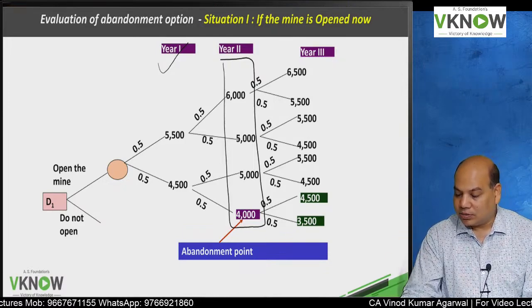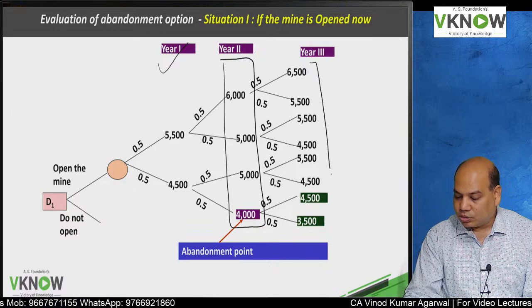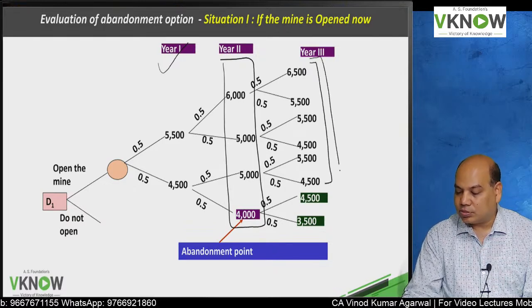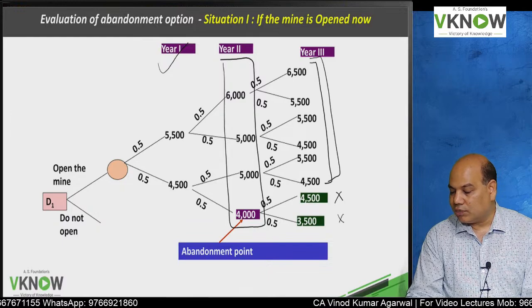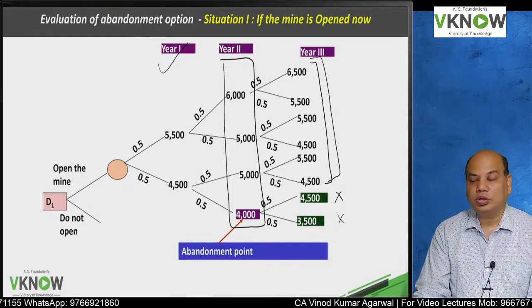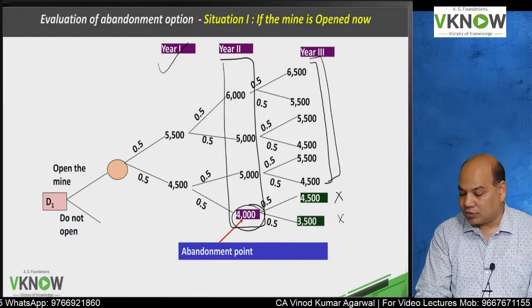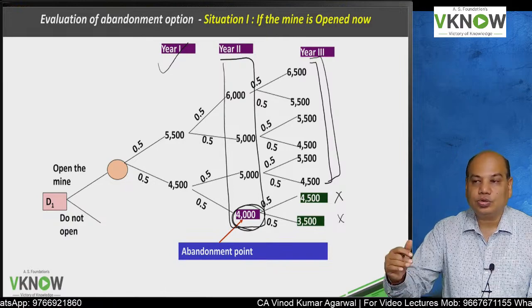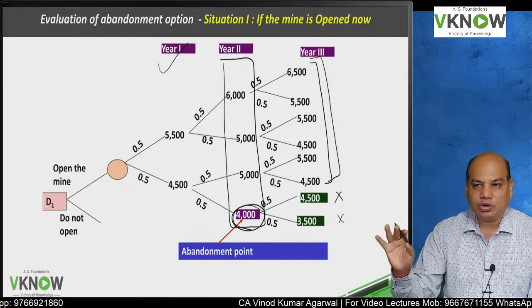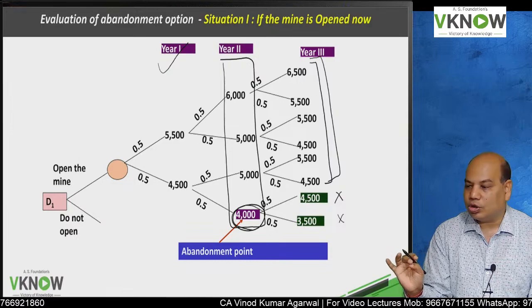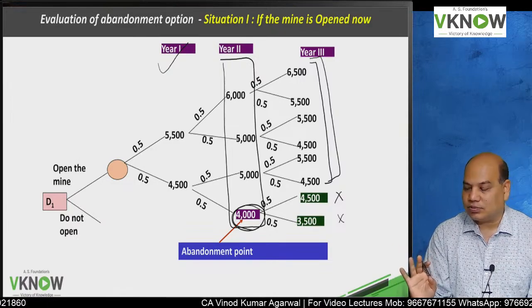But in year 3 I will get only these first 6 cash flows. These two I will not get, because if I get 4,000 here, then I am going to abandon the project. So the last 2 cash flows will not be considered in my calculation.